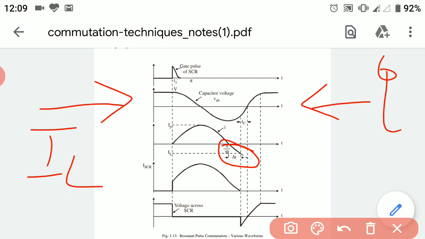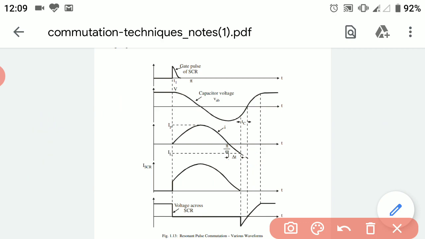Both are now in opposite directions. Due to this, the current through the SCR starts decreasing, and at some instant the current through the SCR will be zero. At this instant the SCR will turn off.